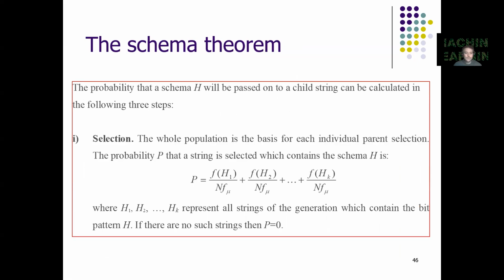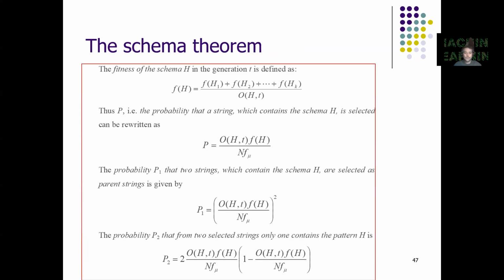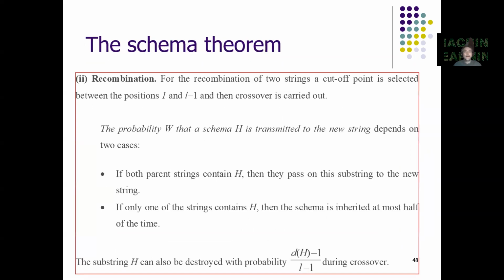and I have the theorem here. It takes each one of the operators, selection, for example, and it shows you how the selection operation is going to change this, calculating the probabilities that the schema will survive through selection. And it also does the same for the recombination. So we combine two parents using crossover.